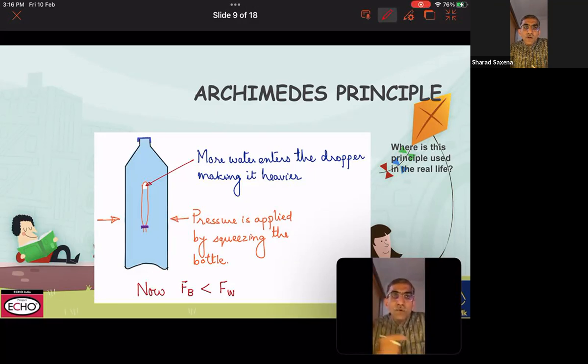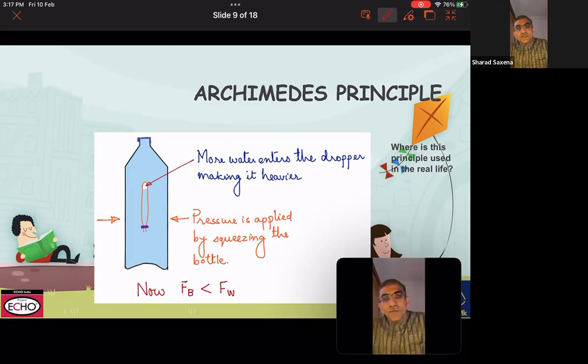The moment more water enters, at some point the downward force, because now the weight of the water plus the weight of the nut becomes more, and it comes down. When I release the pressure, again the air pocket expands, the fluid comes out, and the dropper goes up. Simple.